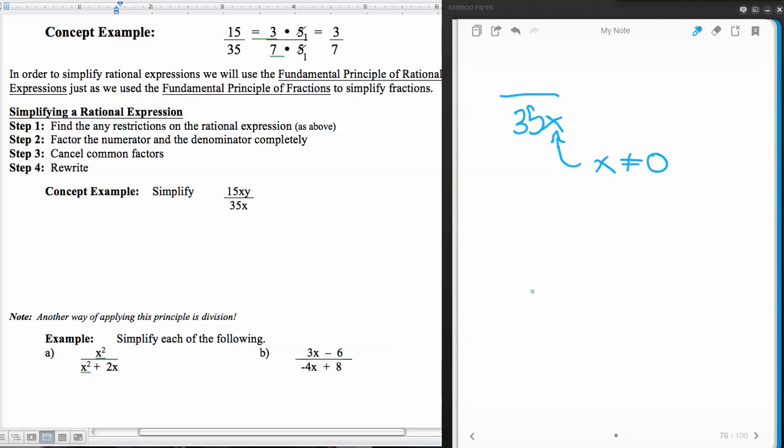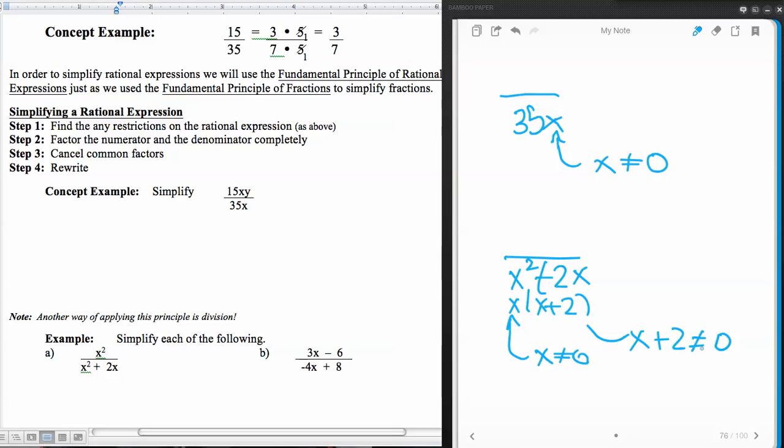That's called a restriction on the domain. Here in x squared plus 2x, that one we have to factor it first so that we can see it looks like x times x plus 2.